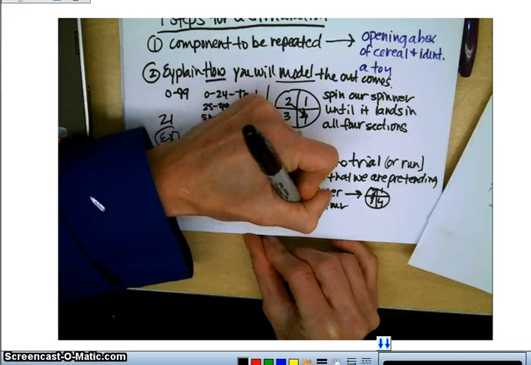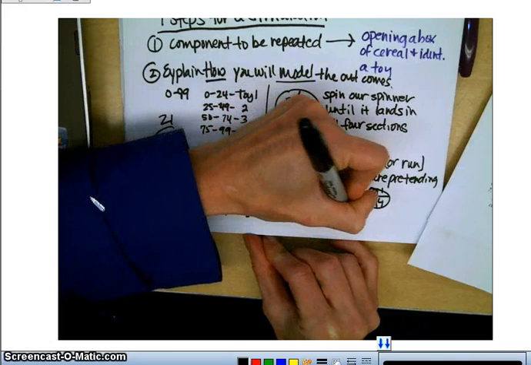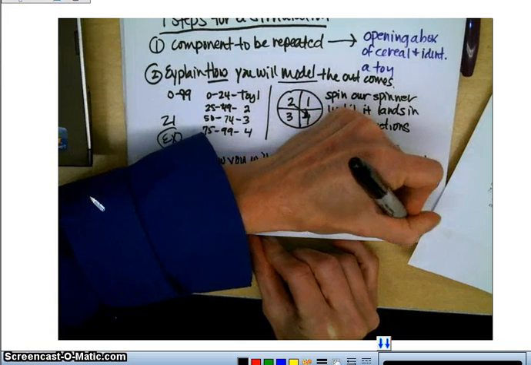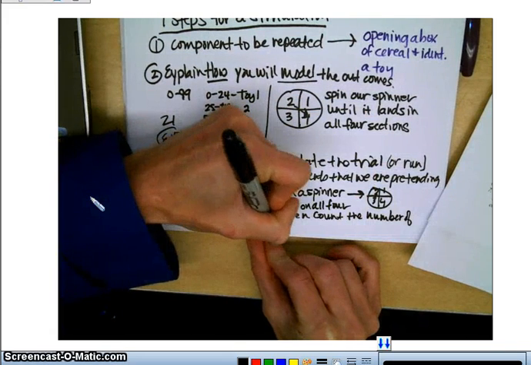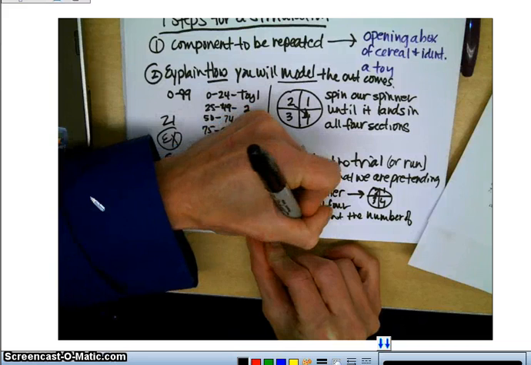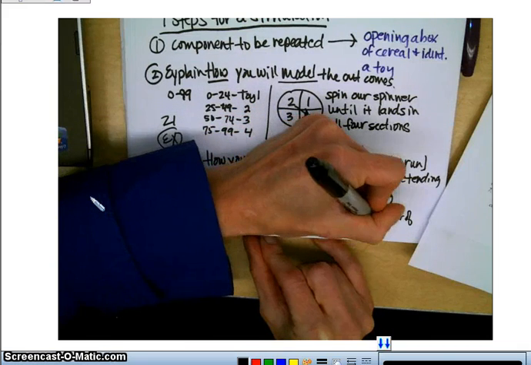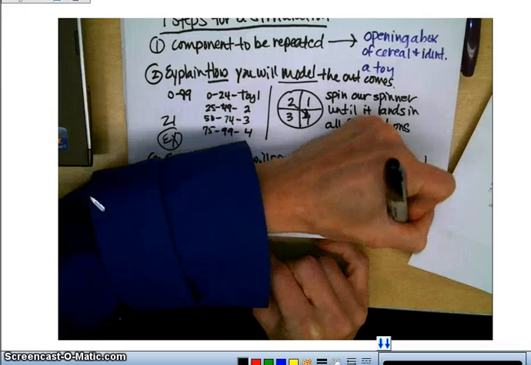Then count the number of spins I needed to get all 4 toys. So I'm kind of combining some steps here.